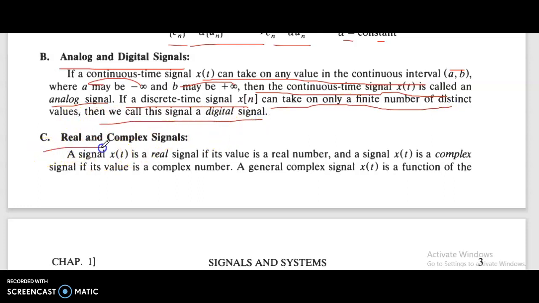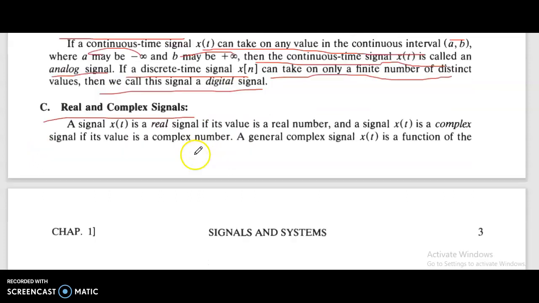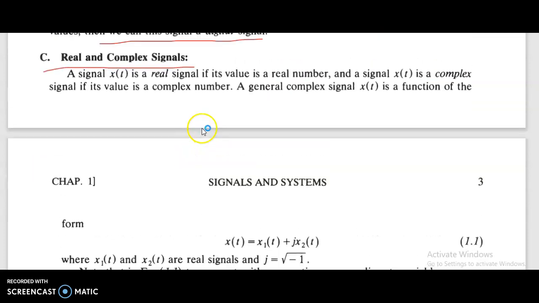Real and complex signals. A signal x of t is a real signal if its value is a real number, and a signal x of t is a complex signal if its value is a complex number.